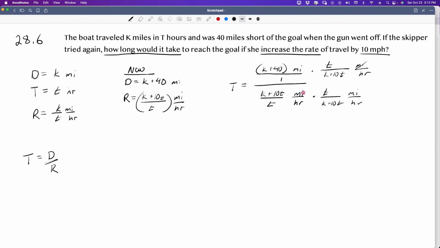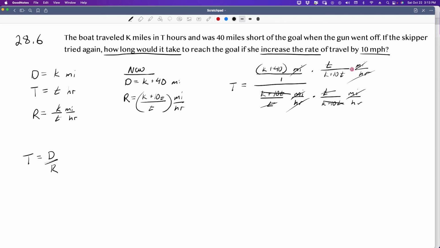So here this miles cancels this miles. This miles cancels this miles. This hour cancels this hour. It could be either one. Either one of those would work. So now we have this K plus 10T cancels this, and this T cancels this.